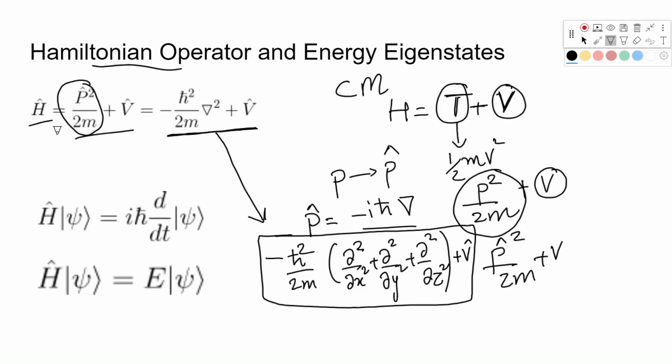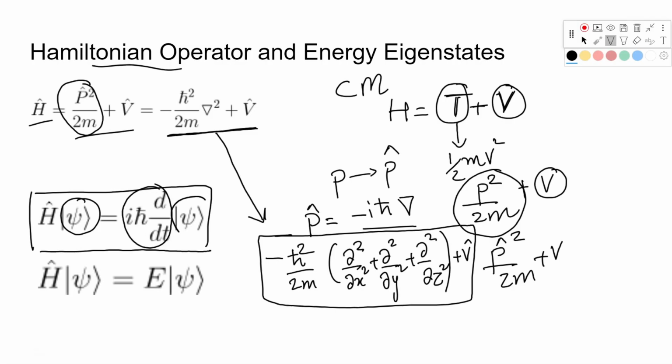Now the Hamiltonian operator satisfies this equation, and this equation is central to quantum mechanics and is called the Schrödinger equation. So on the left hand side, we see that the Hamiltonian operator operates on the state ket, and on the right hand side, we see the time derivative of the state ket.